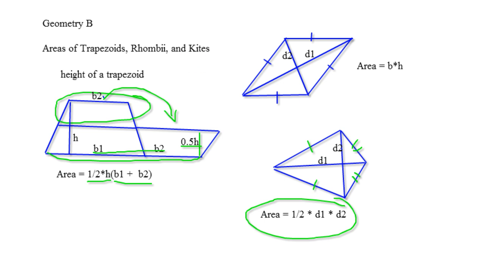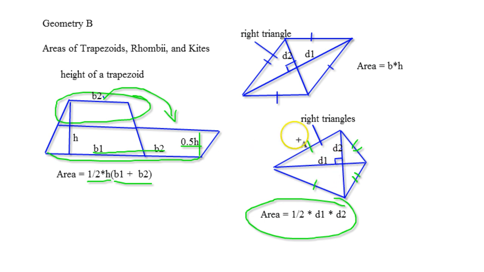Now, you also have to remember some rules, which is that when you're dealing with rhombi and kites, their diagonals intersect at a right angle. So when the diagonals intersect at a right angle, what we are making is not parallelograms, but right triangles. So you might need to be able to find one of the sides of a right triangle based upon some of the information.